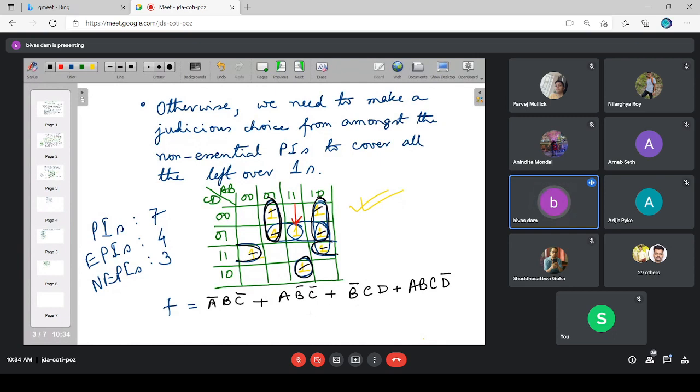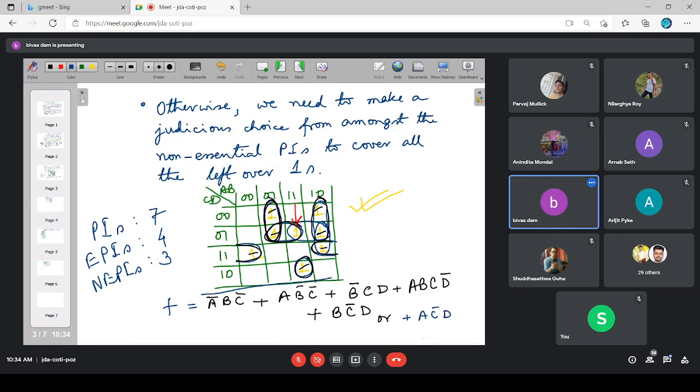One is this plus, if I go for this, that will be B, C bar D, or that will be A, C bar D. So these are the two possible solutions for this particular given problem.